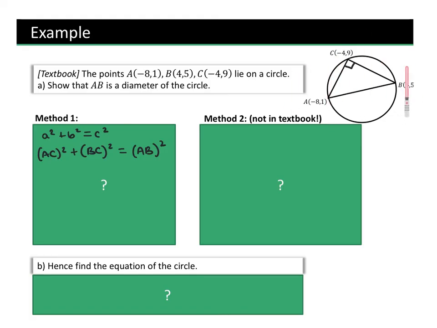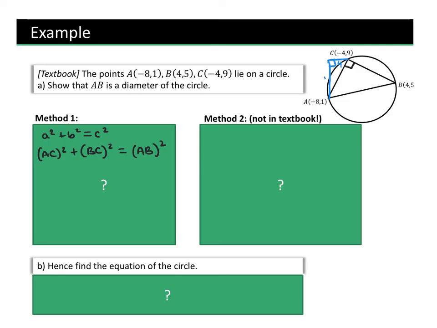Right. How do I find AC? How am I going to find AC? What do I actually have to do again? I have to do Pythagoras to find the length of AC, but that's okay. Nobody panic. So here we go. So I know that AC from -4 to -8, I know this is 4.